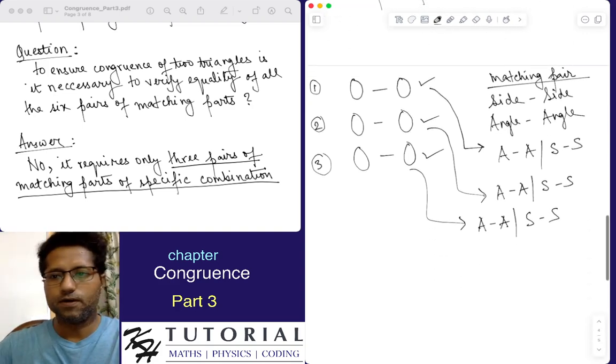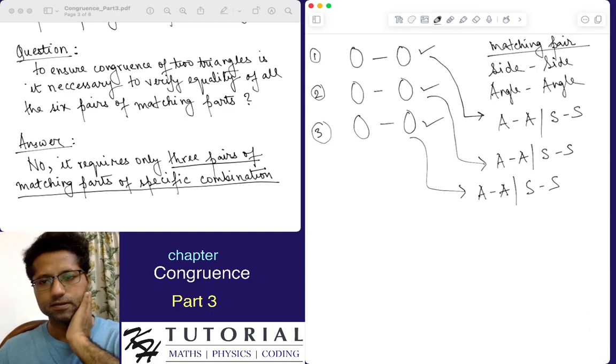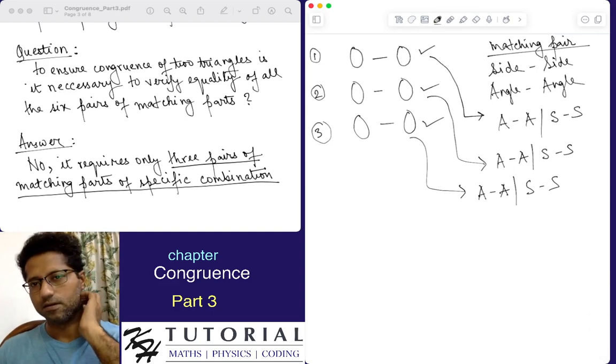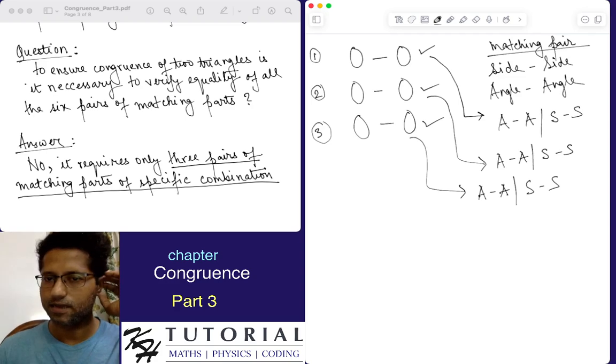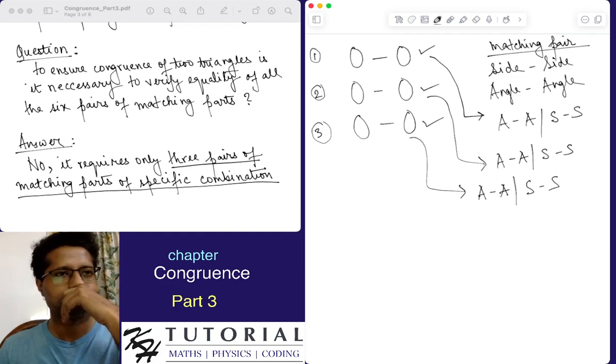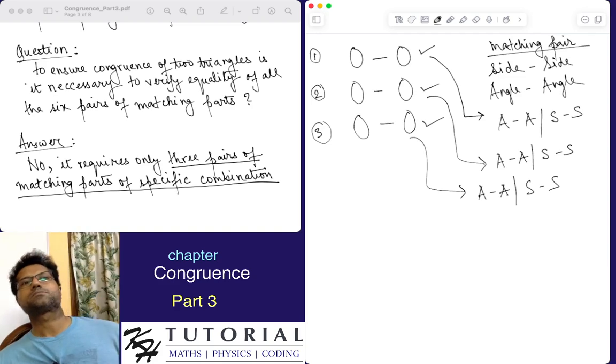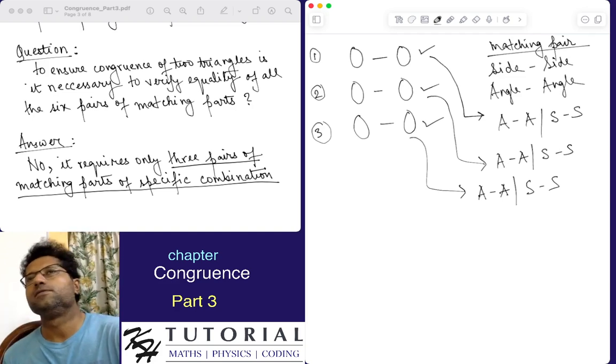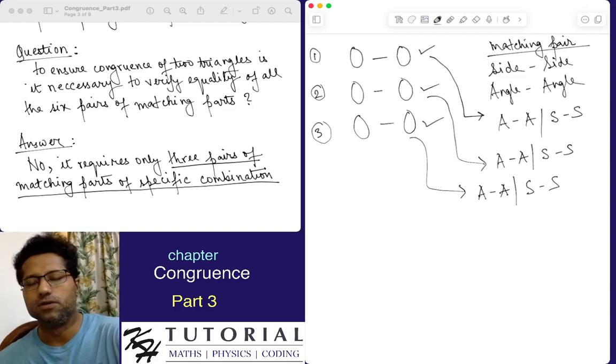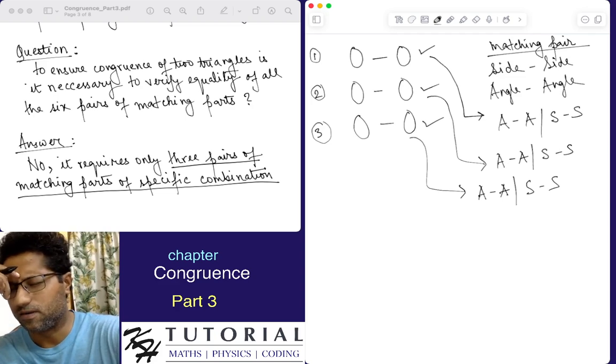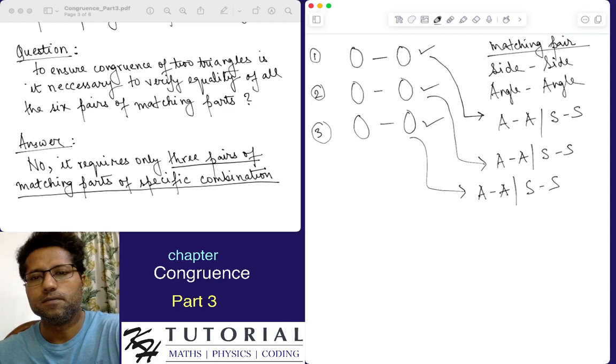Now, if you give a little bit of thinking, that each matching pair is either a pair of type angle or a pair of type side, you will notice a pattern between the three parts.